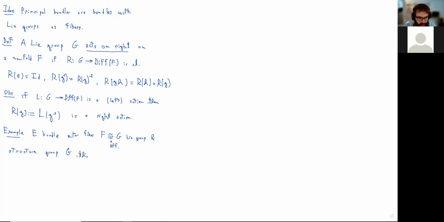And then we can define a right action. Then G acts on the right on F as follows. So here we have a diffeomorphism. Let's give a name to this diffeomorphism, theta.